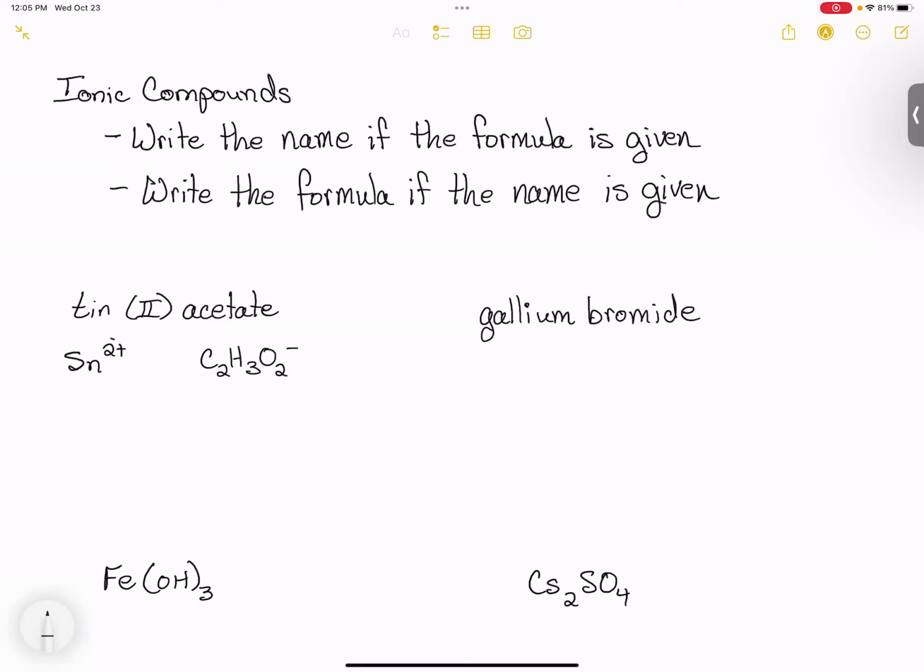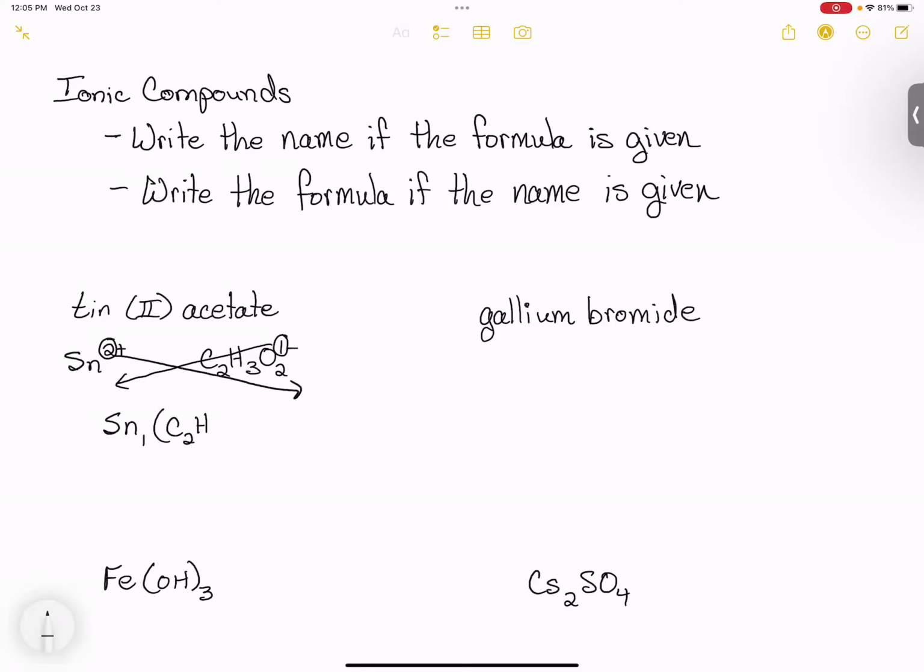Now we're going to take the numerical portion of the charge and we're going to cross and drop it onto the other ion. When a number is not shown, that means it's a 1. And so we're going to cross and drop that on the opposite ion. So on our tin, we're going to drop a 1. And on our acetate, we're dropping a 2.